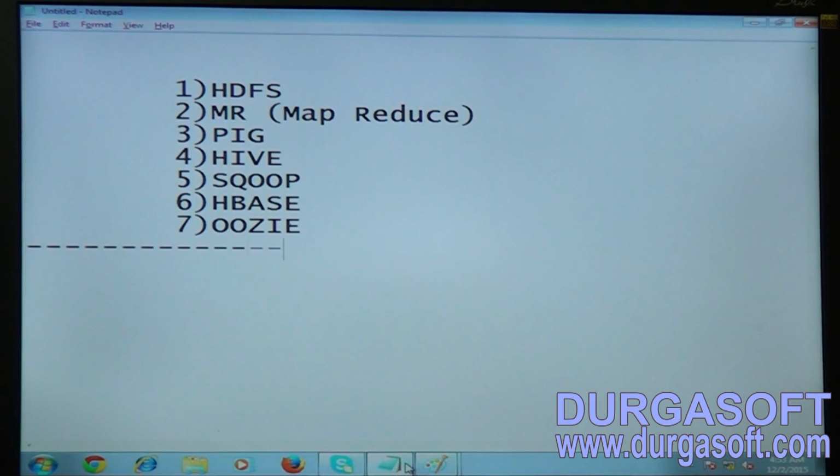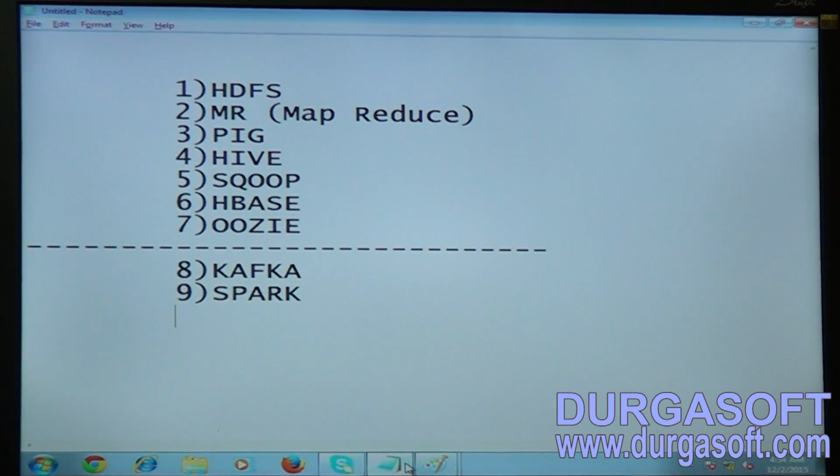I will provide detailed explanations of these. We have some advanced topics as well: Kafka and Spark. I will provide good information on those as well. So these are all the 10 ecosystems I'm going to cover as part of this training.